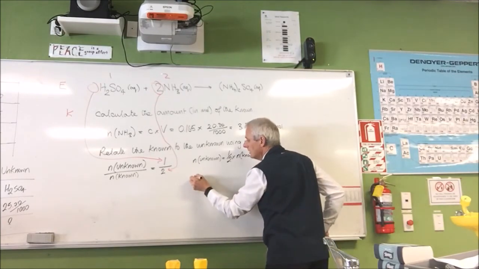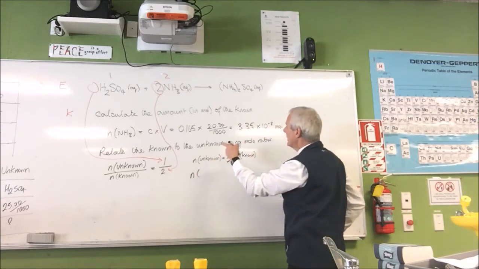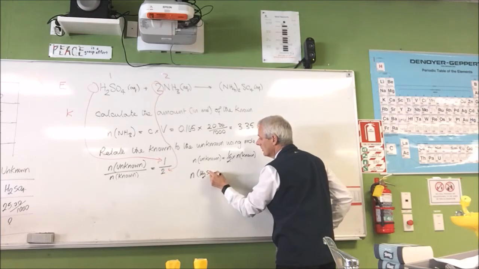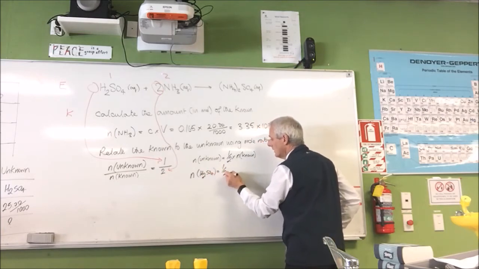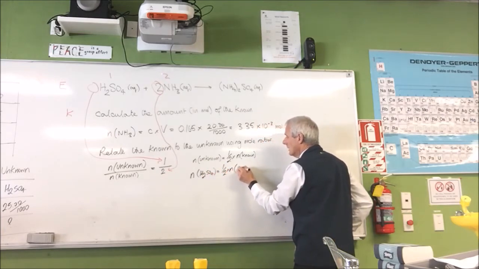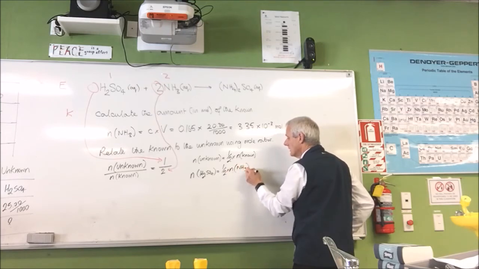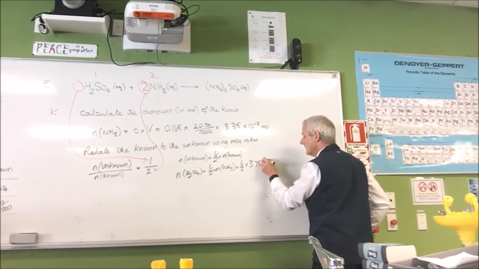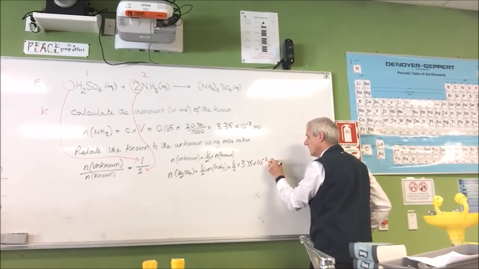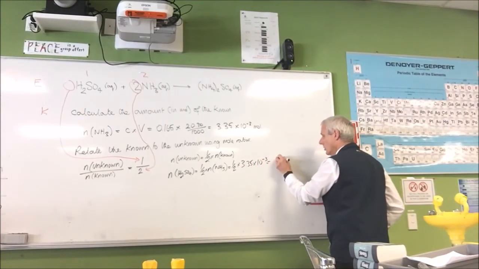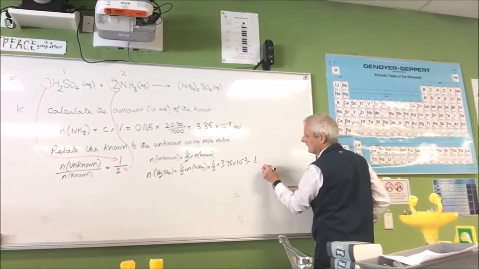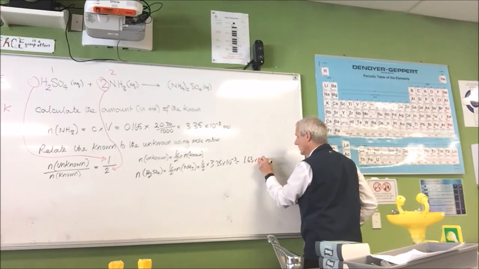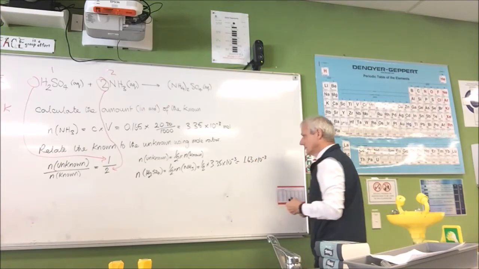So our unknown, N of H2SO4, is equal to 1/2 of N of NH3, which is 1/2 times 3.35 times 10 to the minus 3, which is equal to 1.63 times 10 to the minus 3, I hope.